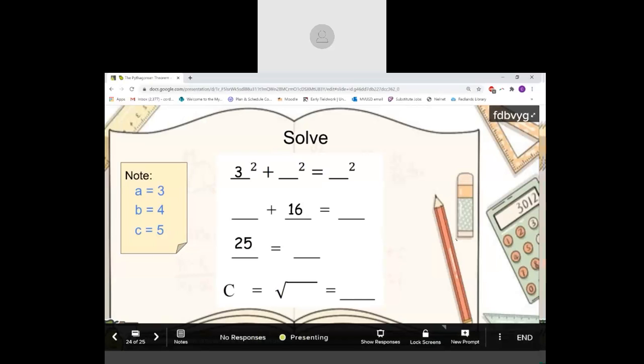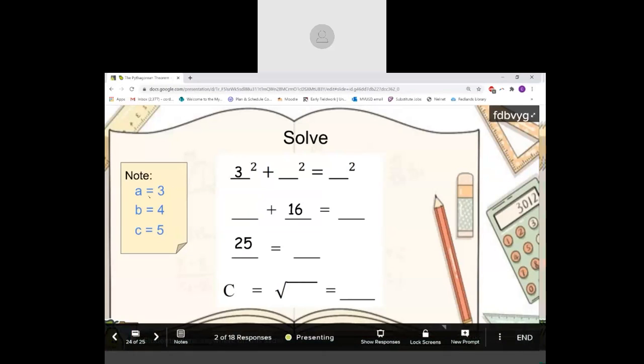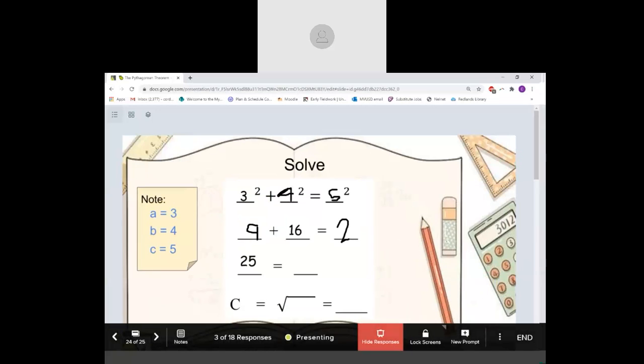All right. So again, this is also in your worksheet. Make sure you fill this in. So go ahead. We'll give you some time to fill that out. For your convenience, we put our A, B, and C on the side so you guys can know what we're talking about. Okay, so try and fill that in. Remember.